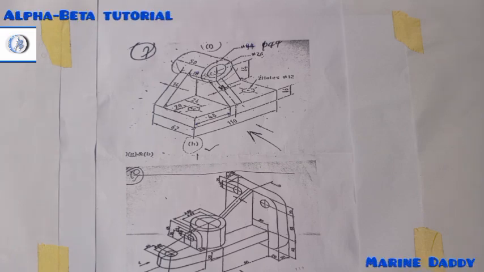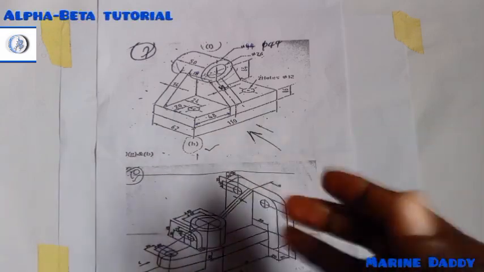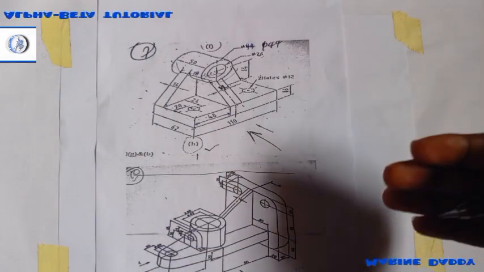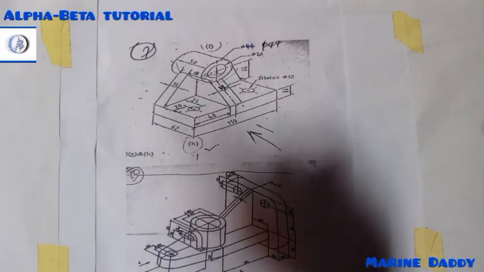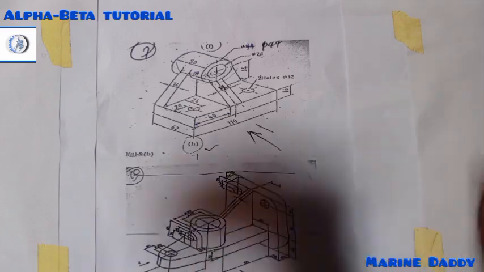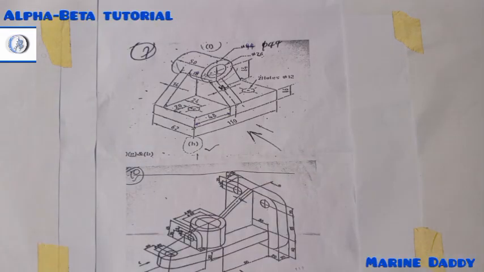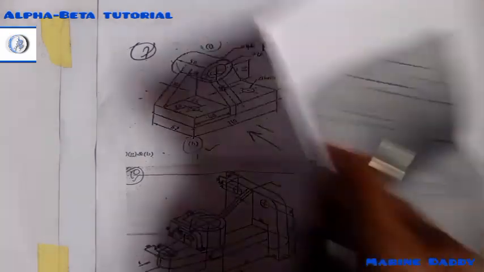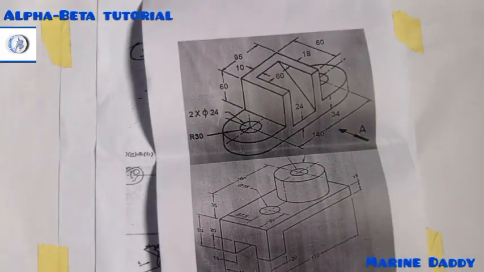And please, there's a video on everything you need to know about isometric, oblique, orthographic projection, and also sectioning. We also have assembly drawing and machine drawing, so please go and check them out. If you can watch those videos, all these things won't be an issue. Many of you looking at these diagrams will be like, where will I start from?